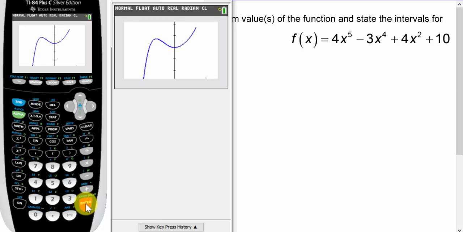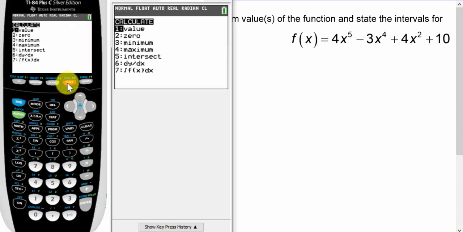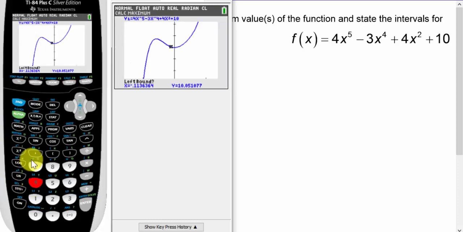So I see I have a relative min and a relative max. You can see the relative max is here, the relative min's right here, but I don't know their values. So I'm going to find their values by saying second, calc, and I'm going to find that maximum. So I'm going to hit the number 4. And notice what it says. It says left bound. So I want to go to the left of the high point.